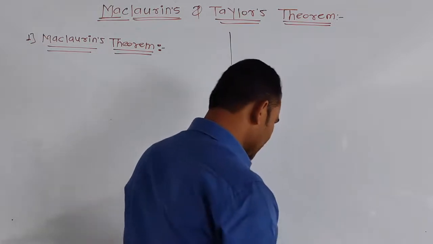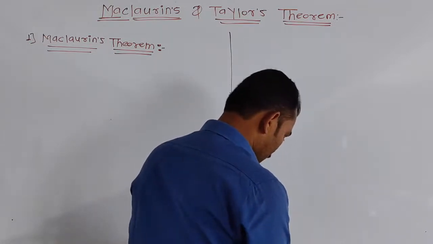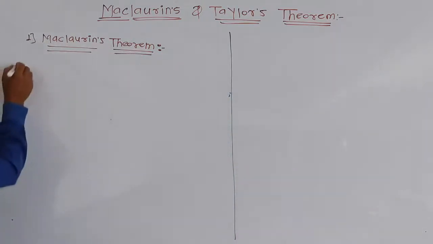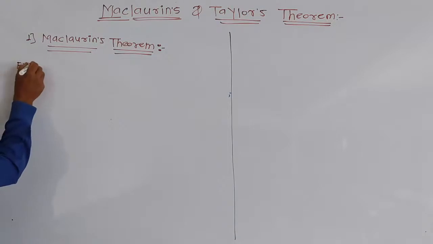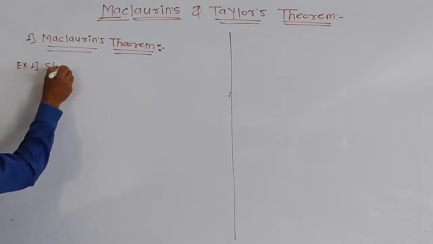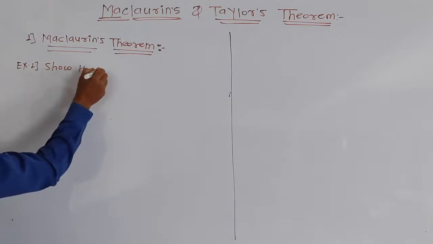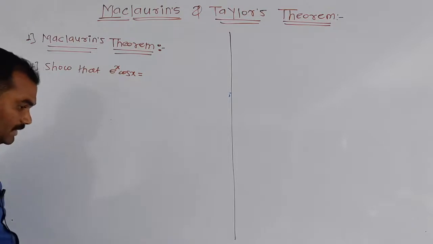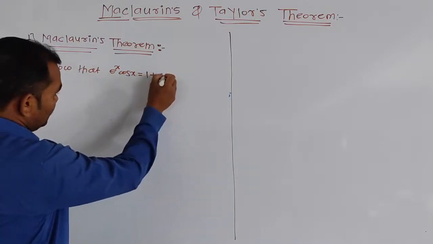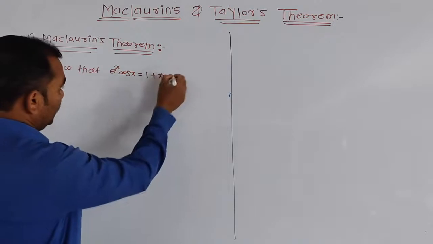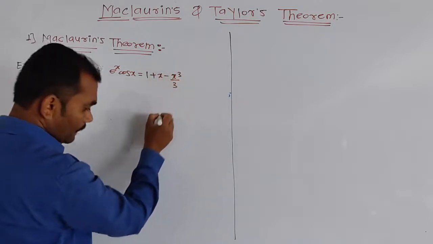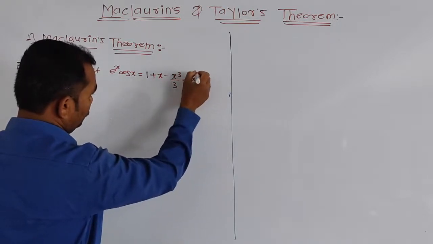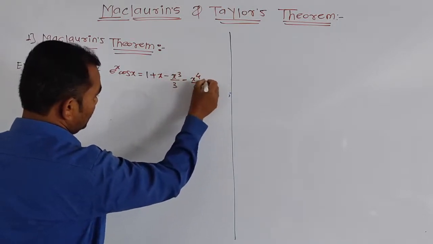Show that e raised to x into cos x is equal to 1 plus x minus x cube upon 3 minus x raised to 4 divided by 6 plus dot dot dot.